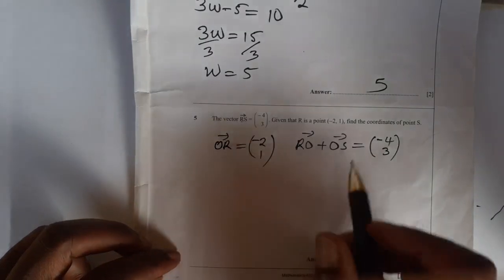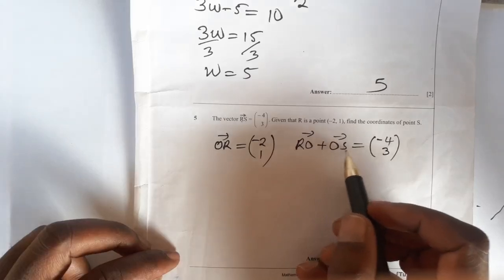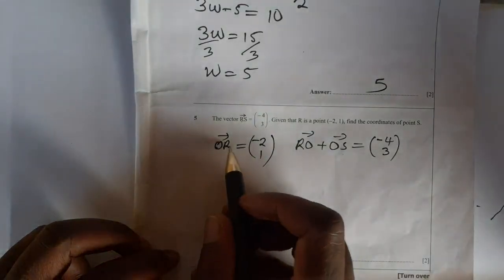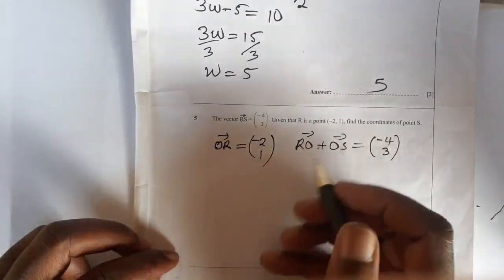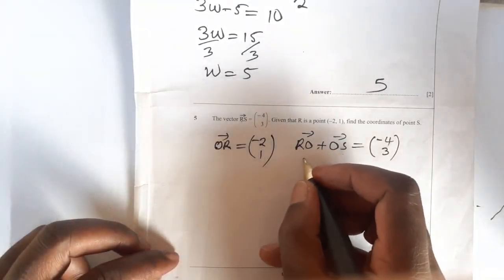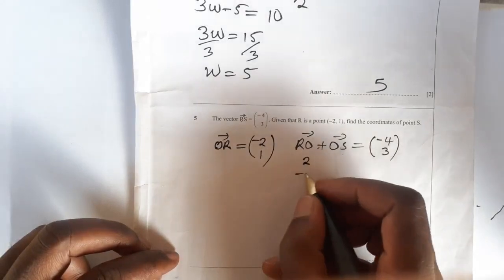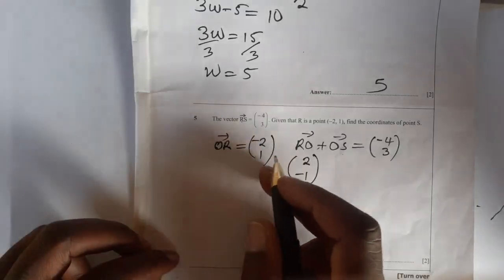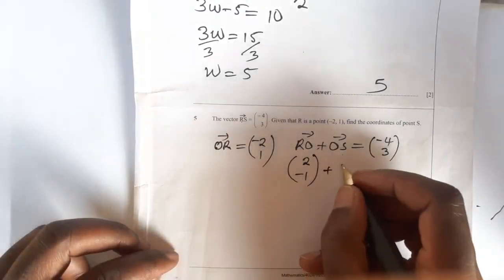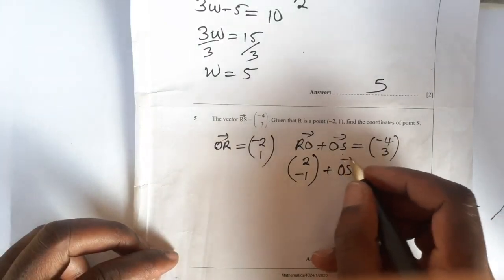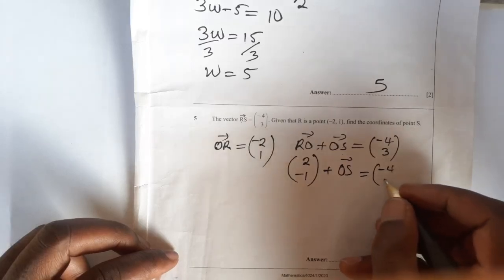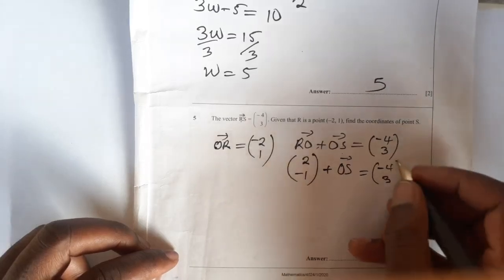Now we want the coordinates of S. So if this is our OR, then RO is going to be the opposite of this one, which is (2, -1). Then plus OS, which is equal to (-4, 3).